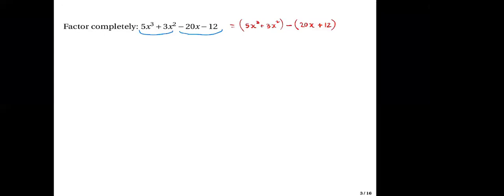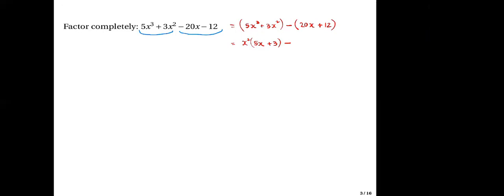Okay? And then on the first addend here, we can factor out x squared. So if we factor out x squared, inside the parentheses we'll just get 5x plus 3. And then minus, and then here you have 20x plus 12.